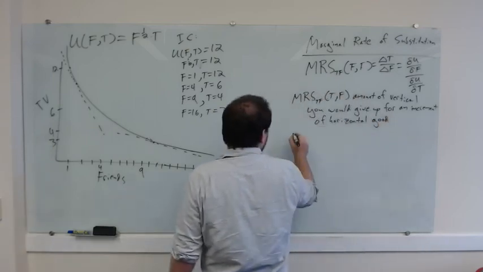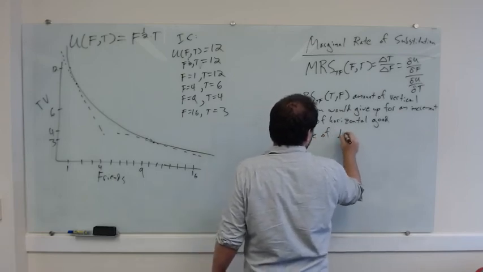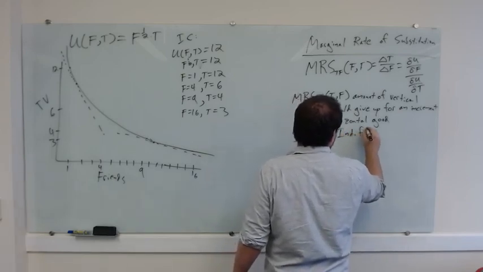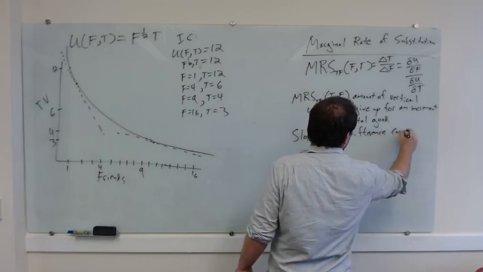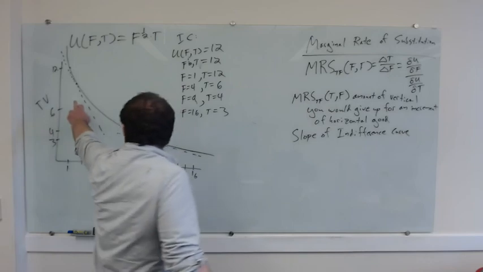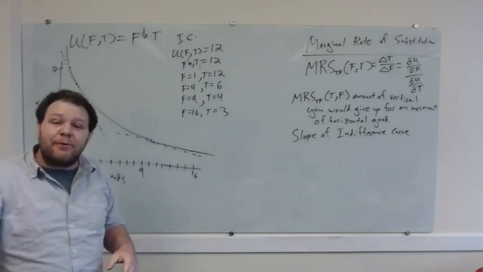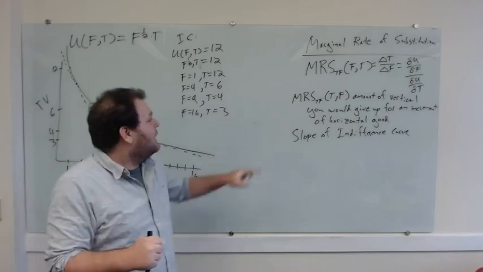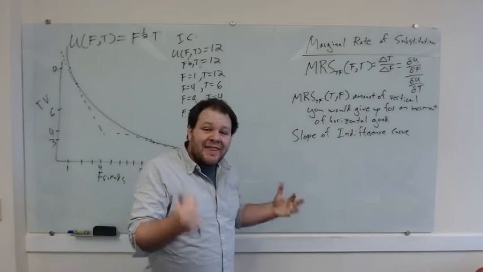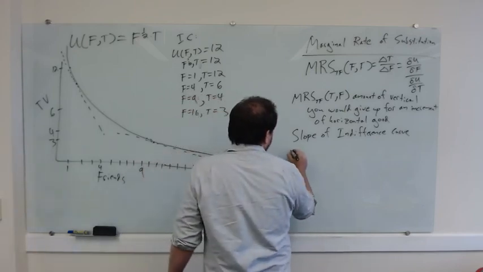It's also the slope of the indifference curve, because if you give up the vertical good for the horizontal good in that ratio, it keeps you indifferent, right? That's what it means to say that you're just barely willing to give up the vertical good for the horizontal good at that ratio.